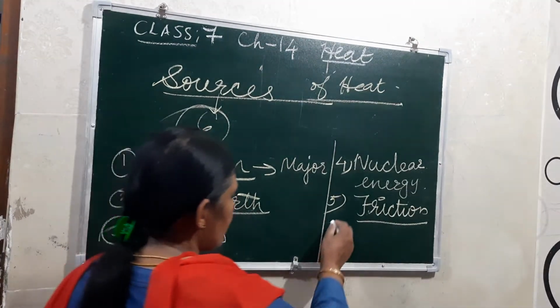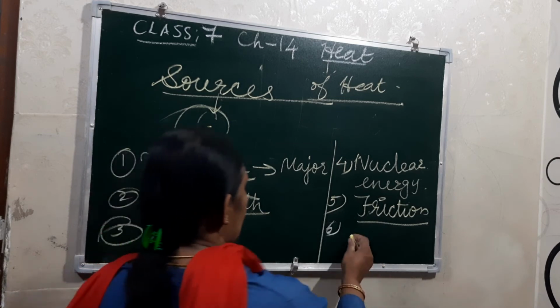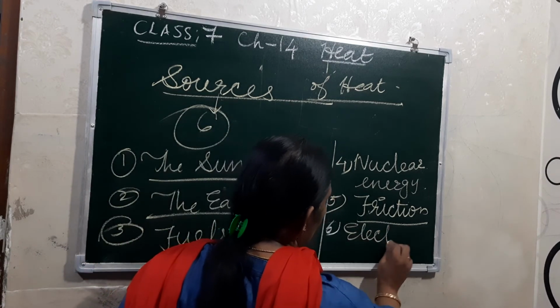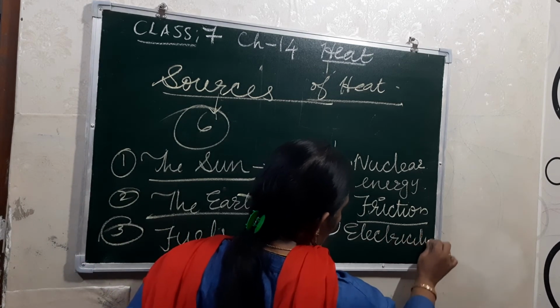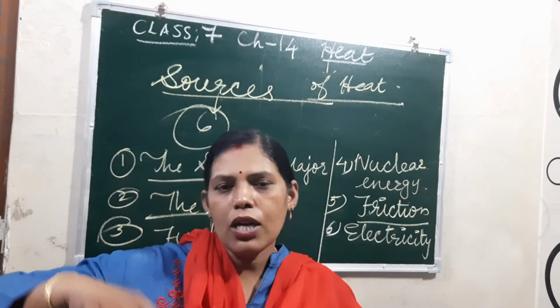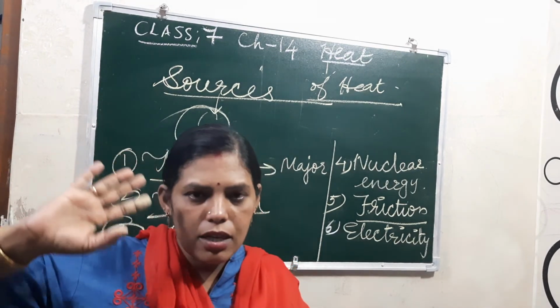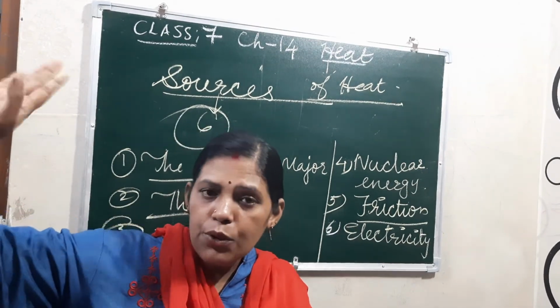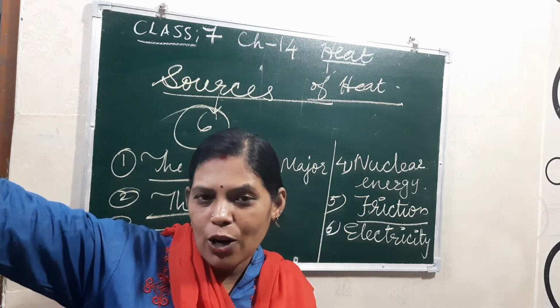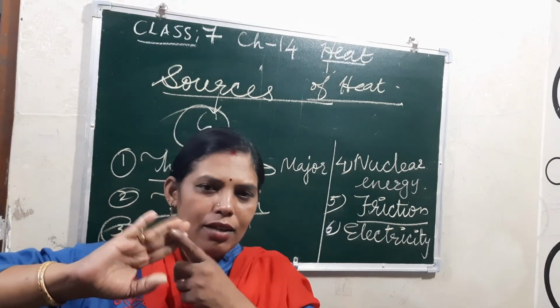And now the sixth one is electricity. Electricity is also a source of heat. When we run electricity, if you switch on the bulb, it lights. Then if you touch that bulb while it is switched on, you may feel hot on your palm.